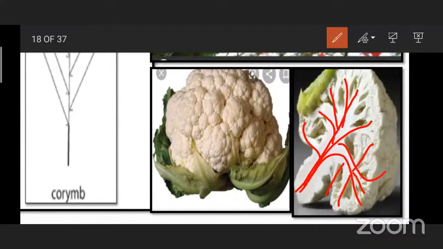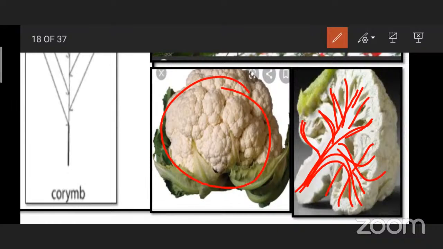All the flowers are about at the same height, but due to the varied length of the pedicels, even though they are borne at different nodes. See here, pedicels of different lengths.